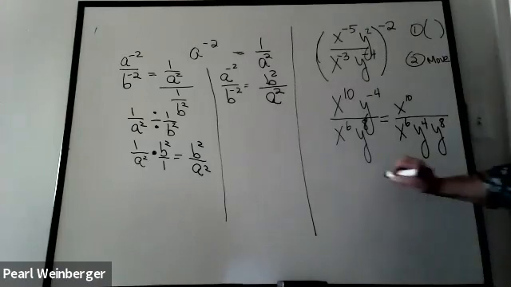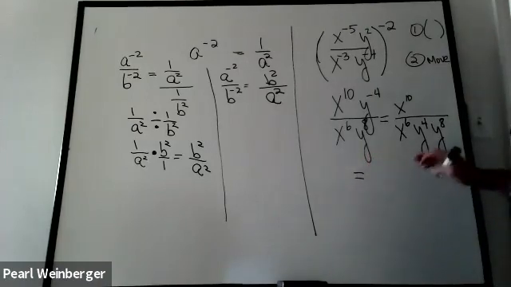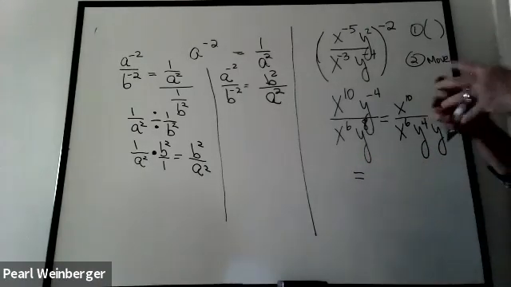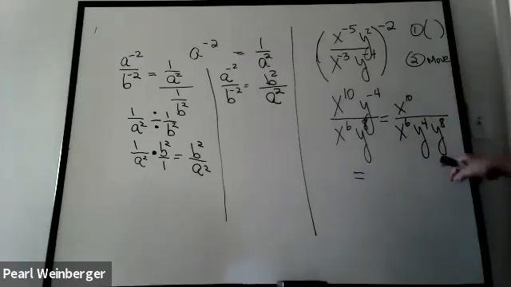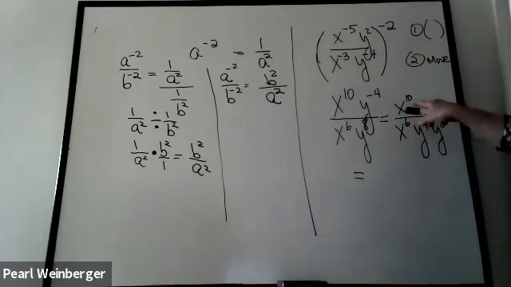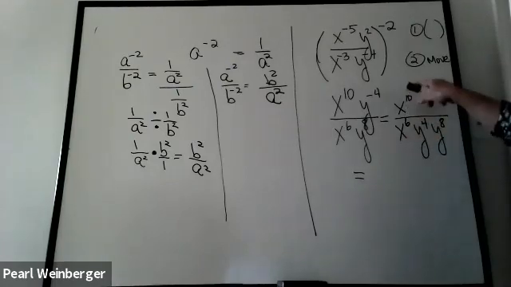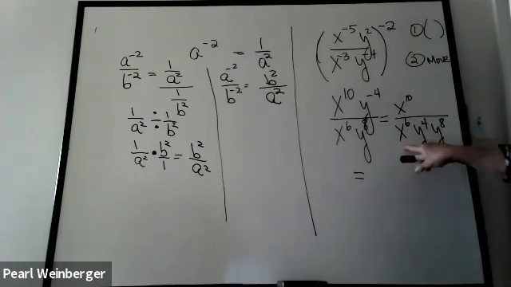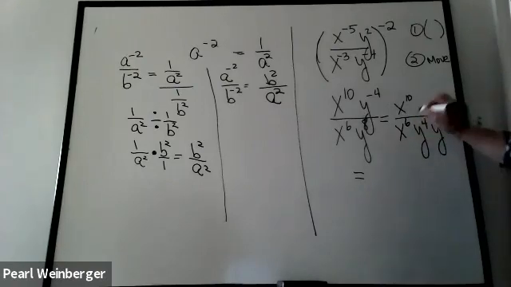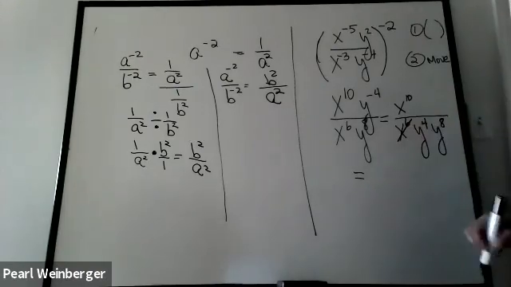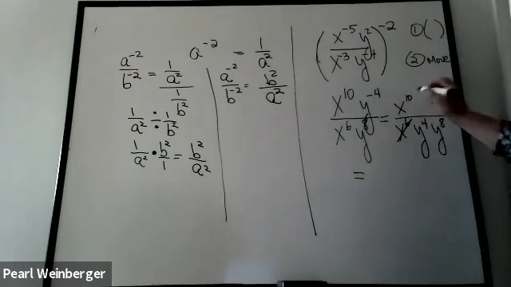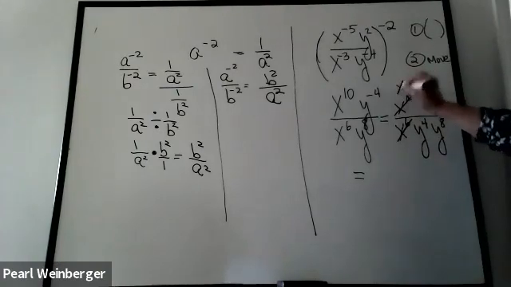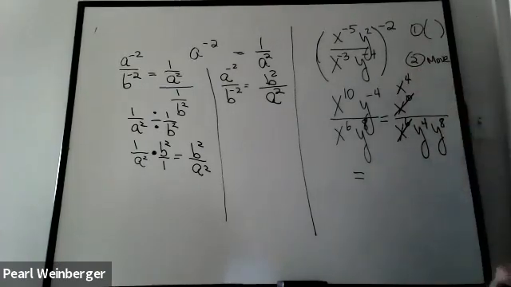And what we're left with to do is to combine the like variables. First of all, the x to the 6th and the x to the 10th, one's in the numerator, one's in the denominator. So I can cancel out the lower one, which is the x to the 6th. 10 minus 6 is 4. I'm left with an x to the 4th on the top. And the two y's happen to both be in the denominator.